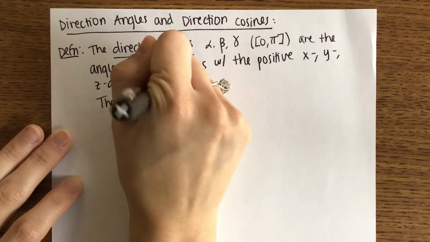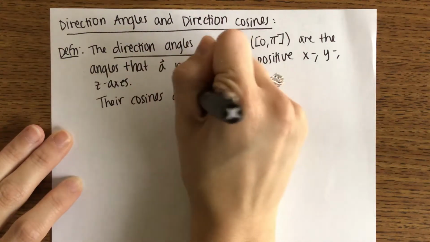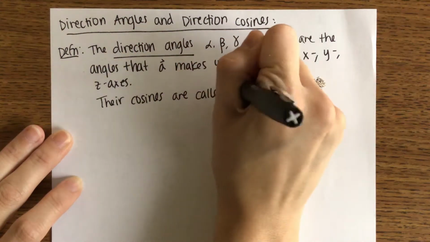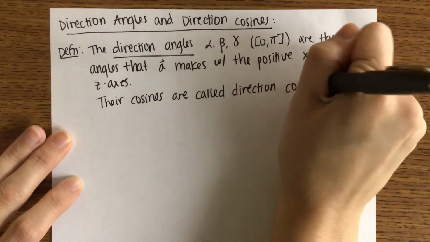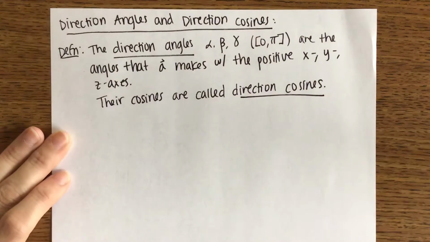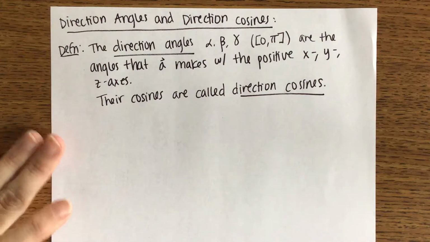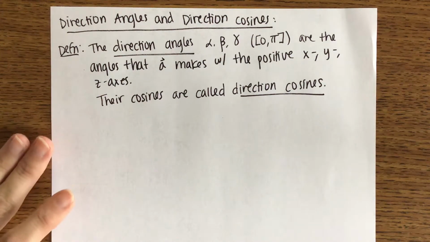Their cosines are called the direction cosines. Sometimes you'll be asked for the direction angle, sometimes you'll be asked for the direction cosine.